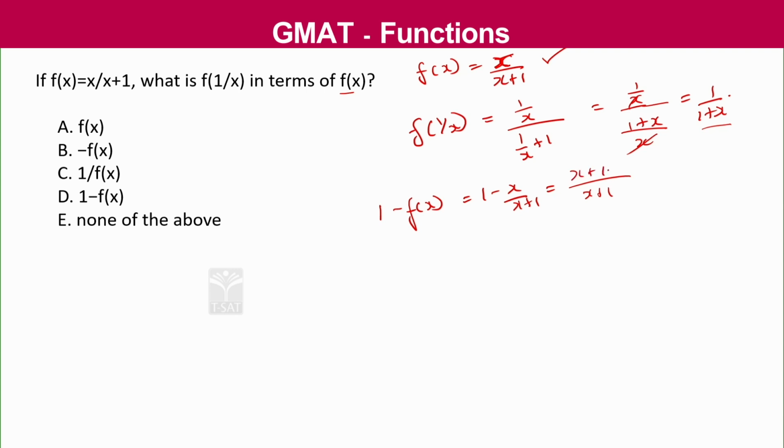This will be x plus 1 minus x, which equals 1 by x plus 1, which is the same thing as f(1/x). Therefore, f(1/x) is equal to 1 minus f(x), which is option D. So option D is our answer. What we have done here is taken f(x) and manipulated it to write 1 minus f(x), which gives you exactly f(1/x).